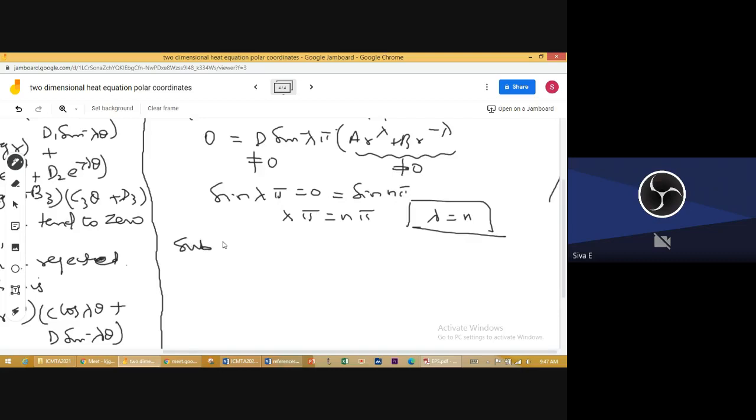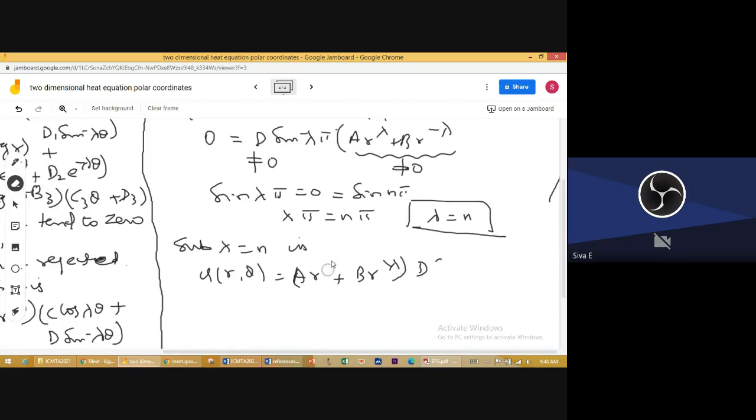Therefore, substituting lambda equal to n in this solution, we will get u of r comma theta equal to A r power lambda plus B r power minus lambda into D sine. No, we have to change now.